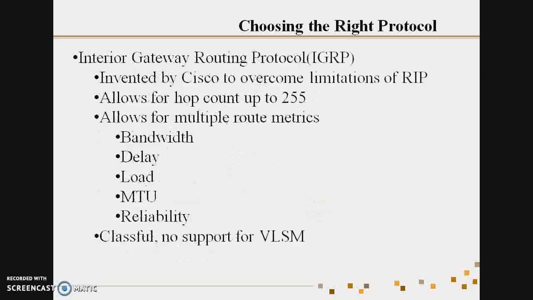When you talk about IGRP, this was invented by Cisco to overcome the limitations of the Routing Information Protocol, and it allows up to 255 hops.